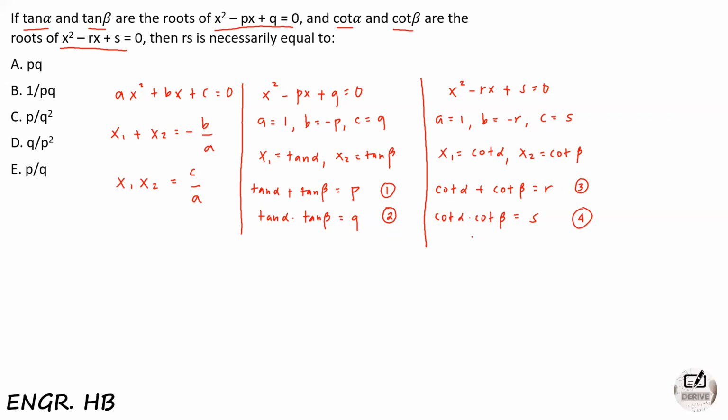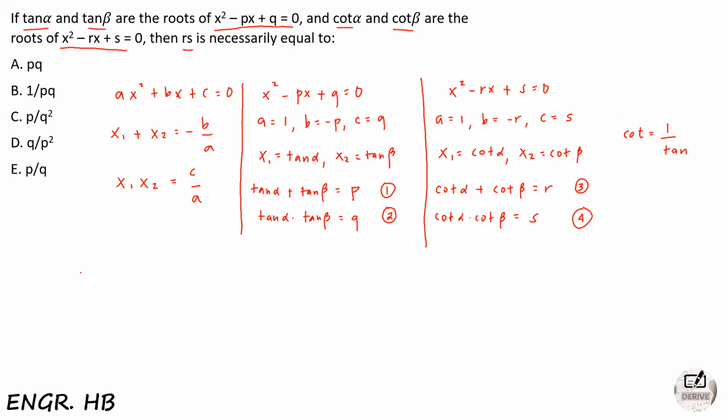Now, how are we going to simplify this to the product of r and s, which is what the problem is looking for? How do we narrow it down? We all know that cotangent is the reciprocal of tangent, or 1 over tangent.